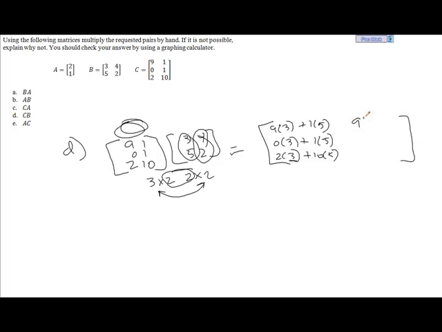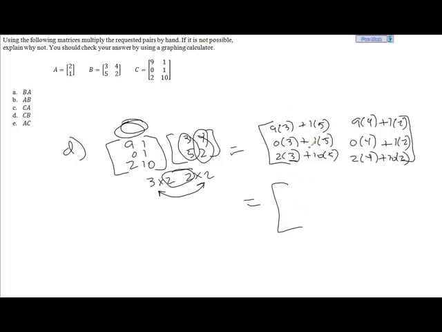So we'll have 9 times 4 plus 1 times 2, 0 times 4 plus 1 times 2, and then 2 times 4 plus 10 times 2. You're noticing a pattern: the 3 and the 5, the 4 and the 2, and then the original column in the initial matrix, the initial 2 columns. And now we just have to compute.